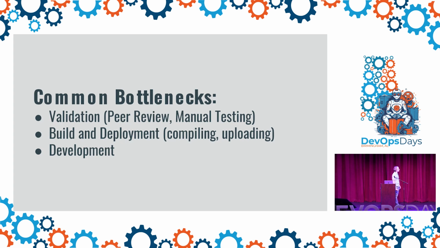The next one is the build and deployment process, that feedback loop of the compiling. There's that old meme of the developers sword fighting in their chairs as they wait for their code to compile. That's a huge drain, right? And then finally, there's the development bottleneck, which of all these three, is probably the most focused on. Development is difficult.